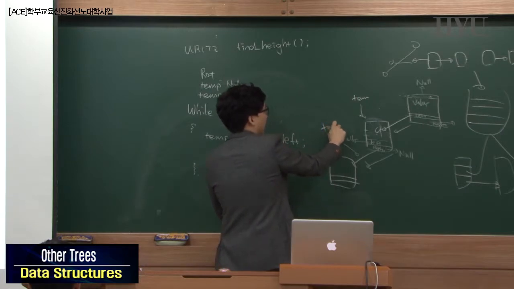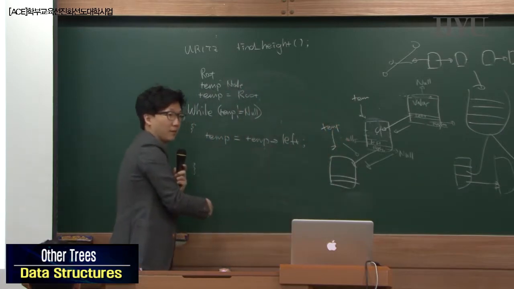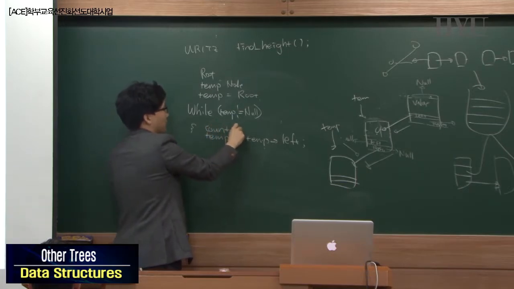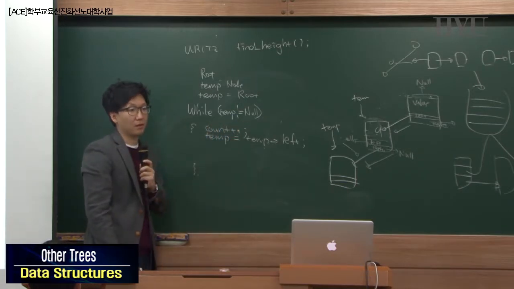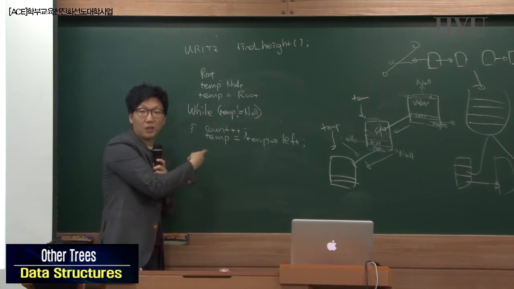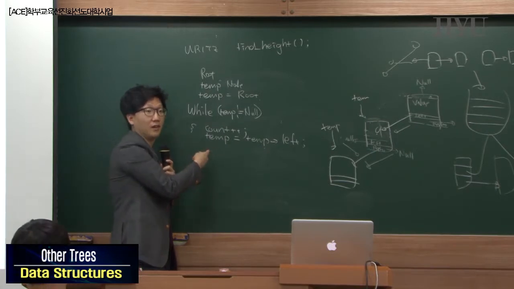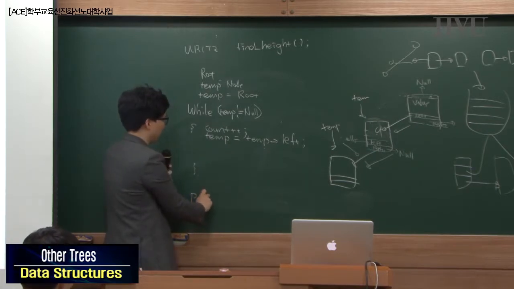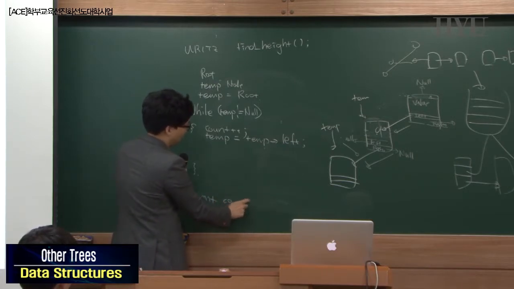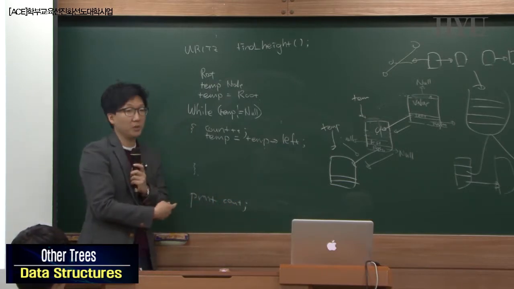Temp keeps going down. While I'm doing this, maybe I do a count plus plus. When I'm done, of course there should be other conditions to check whether your node is empty or not. Then later you print count.